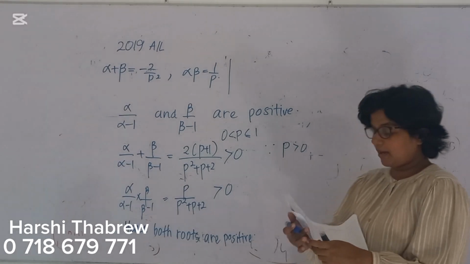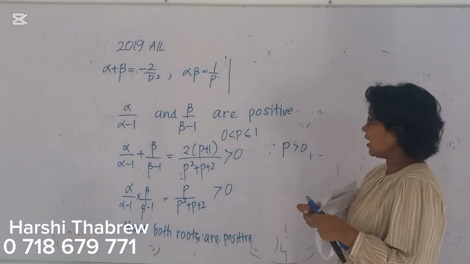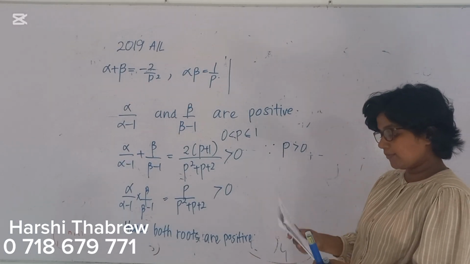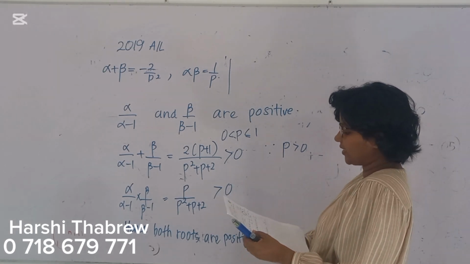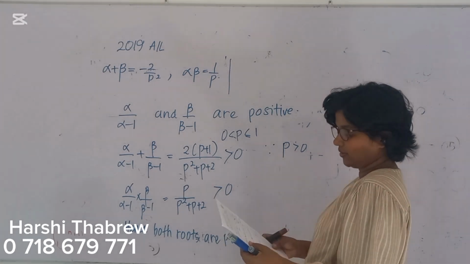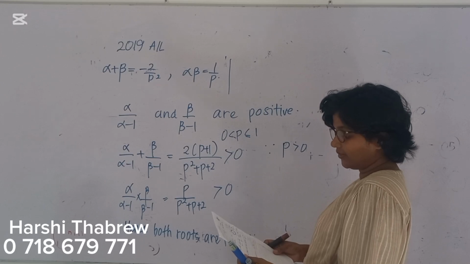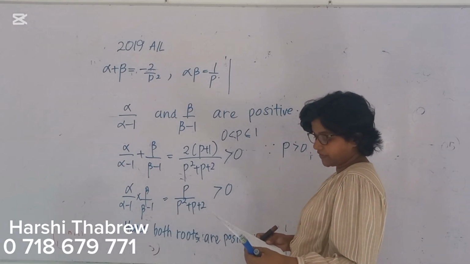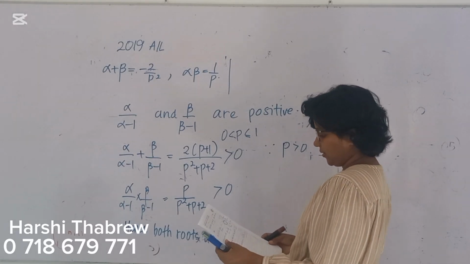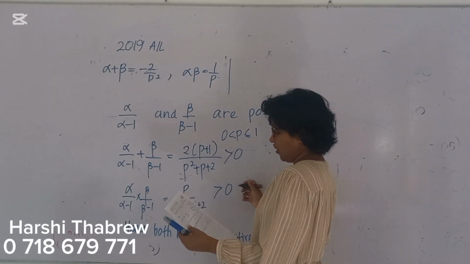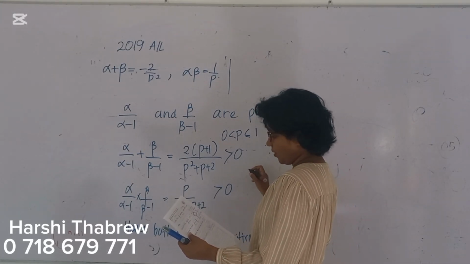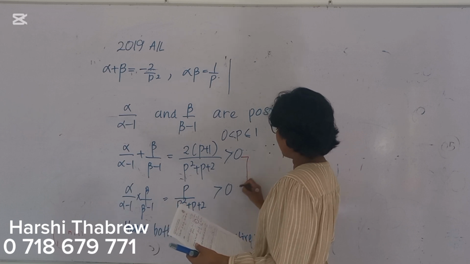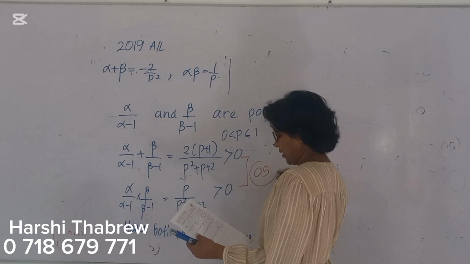Let's see the marks allocation for that. For writing that the sum and product are both positive, 5 marks have been allocated for these two.